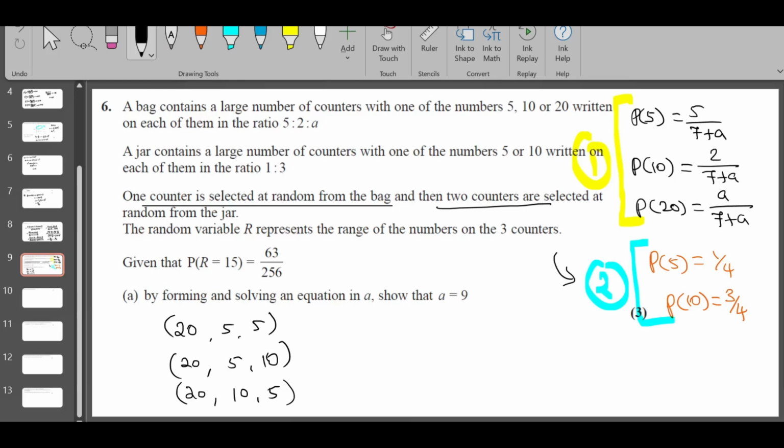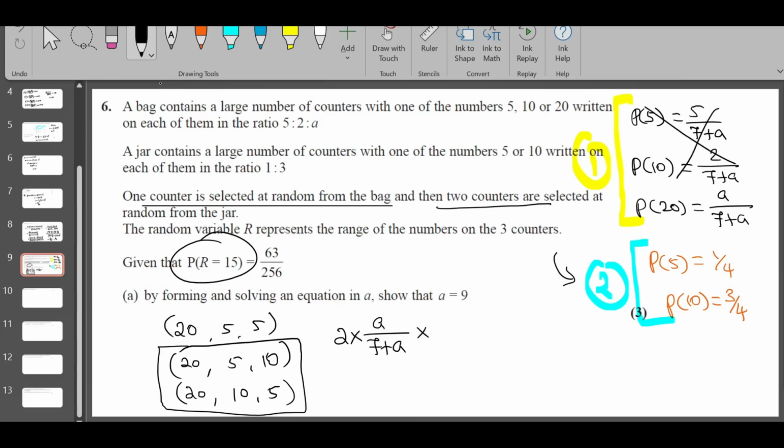So only 3 combinations, right? So we are going to find the probability of the combination. These two are same actually. You have a 5, a 10 from the jar and a 20 from the bag. So you can write it as, the probability is 2 times, I'm taking this, that's why I put 2 times. The probability of 20, which is A over 7 plus A, times the probability of 5 and 10, not from here, from the jar actually. So 1 over 4 times 3 over 4 plus.